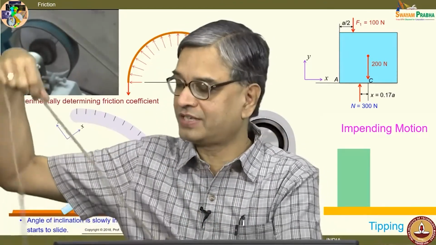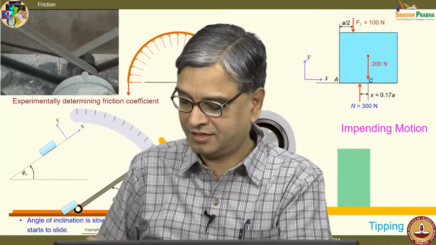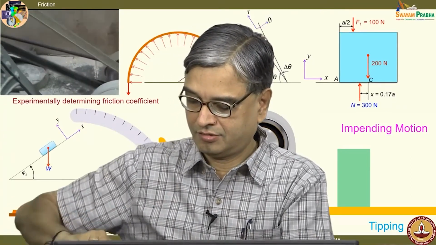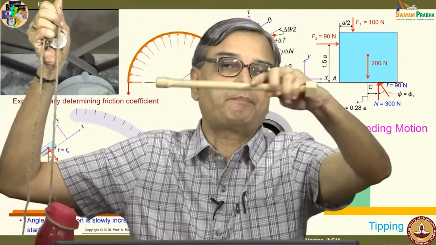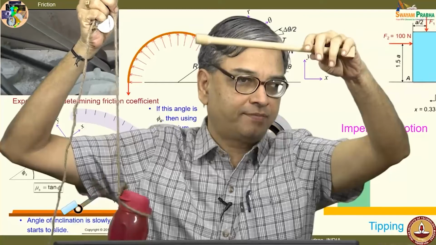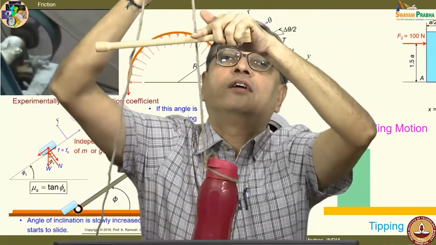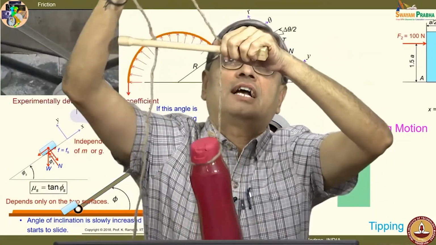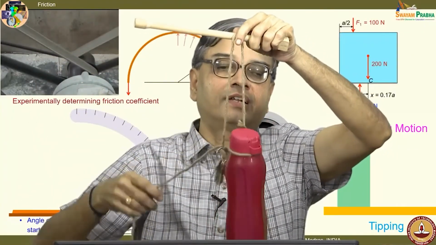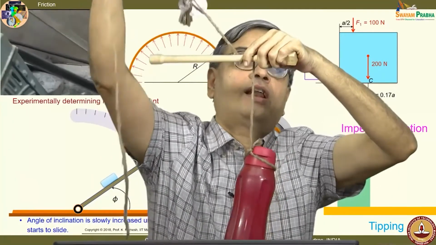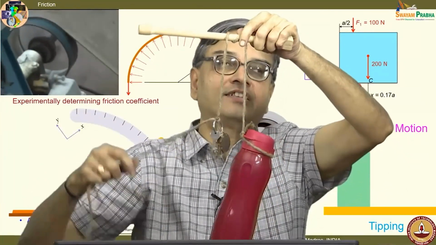So, what I will do is I will first tie this, and what I have here is a peg which has friction, fine. What I do here is I put it like this, one round is not going to be safe, it is not safe. I put one round, even this is not safe.